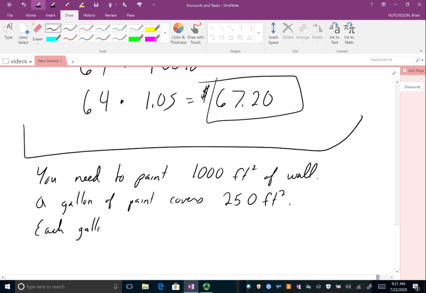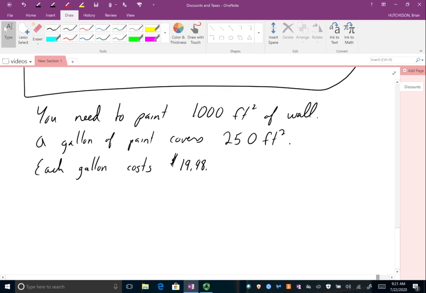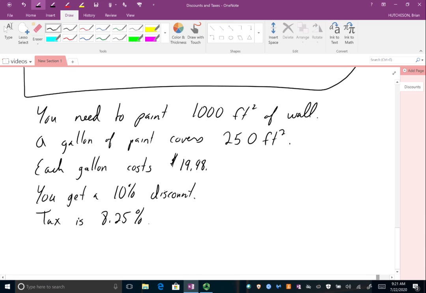Each gallon costs $19.98. You get a 10% discount. Tax is 8.25%. What is your final bill, your walkout price?